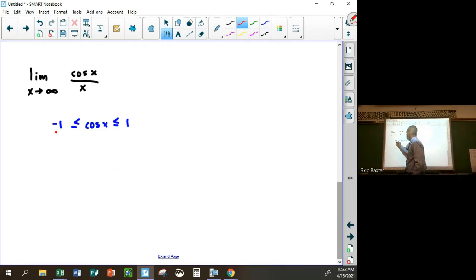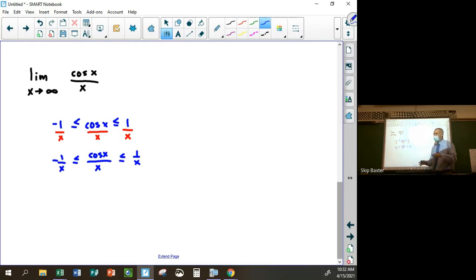Why can I divide by x, divide by x, and divide by x? Because x is going to infinity, so all the numbers I'm concerned with are positive, right? I'm going to positive infinity, so that's why that's allowed here. In the previous problem, it was allowed because I was multiplying by x squared, which is always positive. And here, I'm dividing by x, which is positive in the neighborhood I'm concerned with.